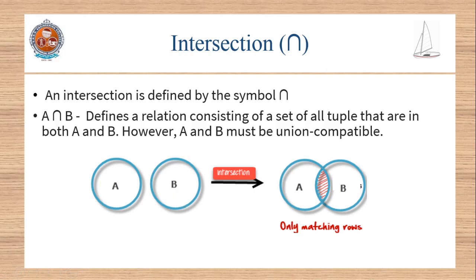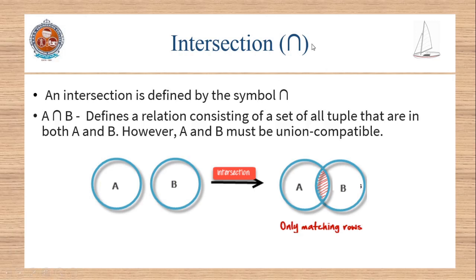Means the degree must be the same for both the relations and the domains must be the same. The domain of the attributes of relation A must be compatible with the domain types of the attributes in relation B, and if there are any duplicate values, those must be automatically eliminated. These are the three conditions that must be satisfied to say that the relations are union compatible.